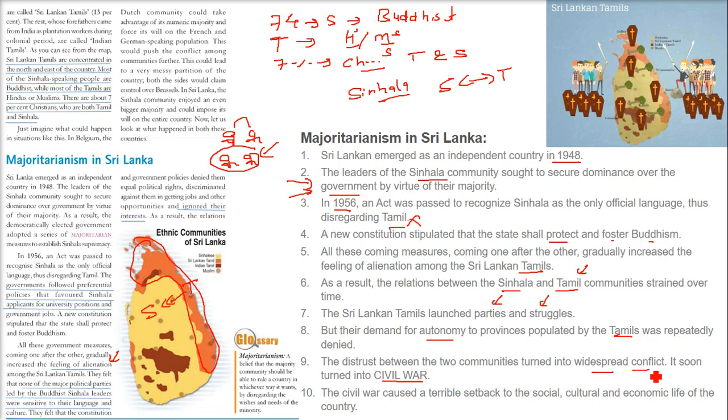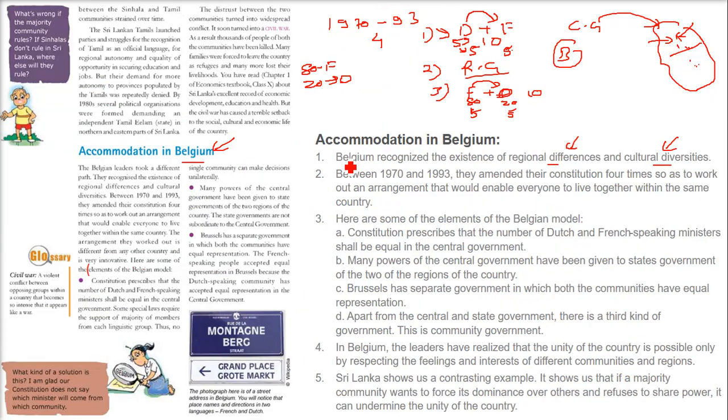And we have already seen this widespread conflict of these two communities and different communities. The problem is that Sri Lanka was having a very good social, economic and cultural level among these South Asian countries, but because of this civil war, because of this widespread conflict, it was a setback to all the social, cultural, economic level of Sri Lanka.